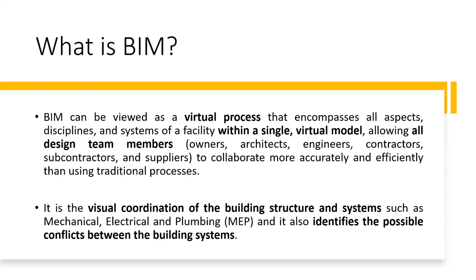It is a visual coordination of building structure and systems such as mechanical, electrical, and plumbing. And it also identifies the possible conflicts between the building systems. So BIM, we can say, is the single truth of the complete building. It is a single entity, a digital virtual model, and it allows all the types of users to work collaboratively on a single platform. Because of this collaboration, we eliminate all the conflicting errors which are surely bound to come if we are working on them separately.